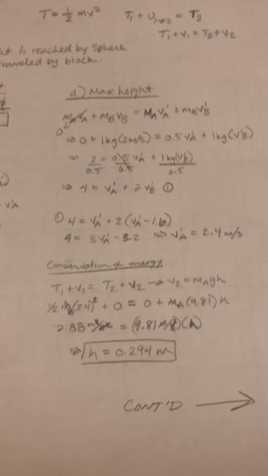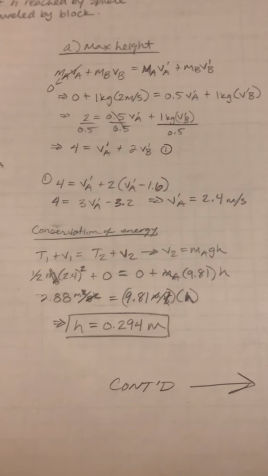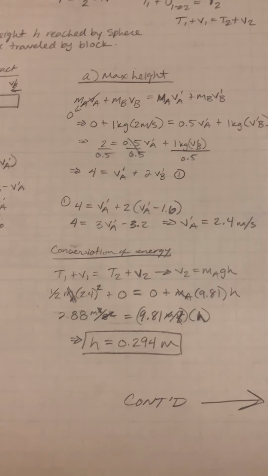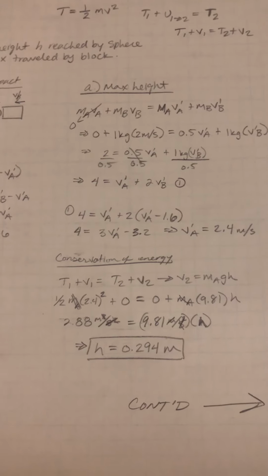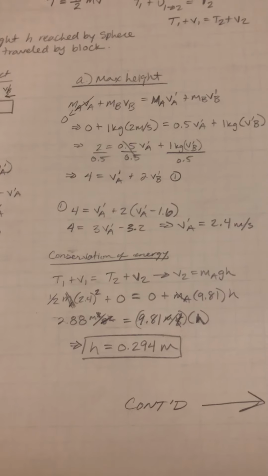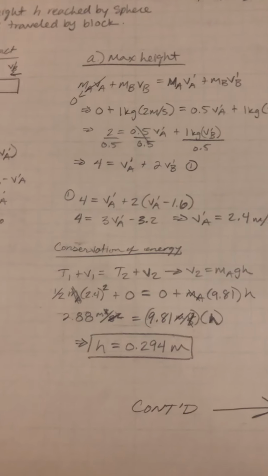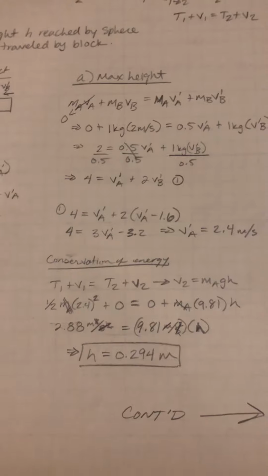So we're looking for the height, and so I'm putting in our known values and solving for h, we find that our max height is equal to 0.294 meters.